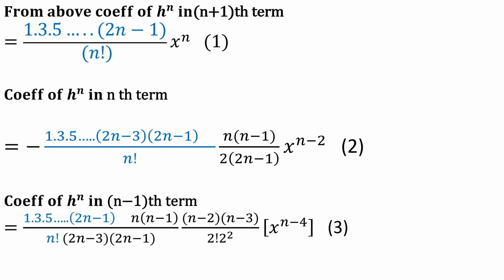So what was calculated in the (n−1)th term? x to the power n−2. So adding all the h to the power n coefficients from the different terms: the nth term, the (n+1)th term, the (n−1)th term, the (n−2)th term, the (n−3)th term, like that.